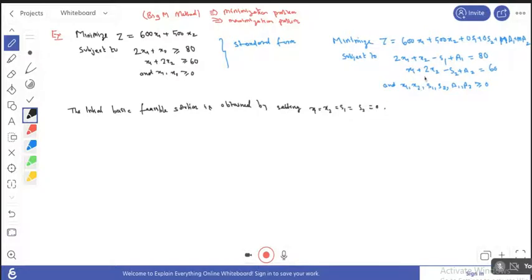So if we put all of these equal to 0, we get the value of artificial variable a1 equal to 80, and a2 is 60. So a1 is 80 and a2 is 60.